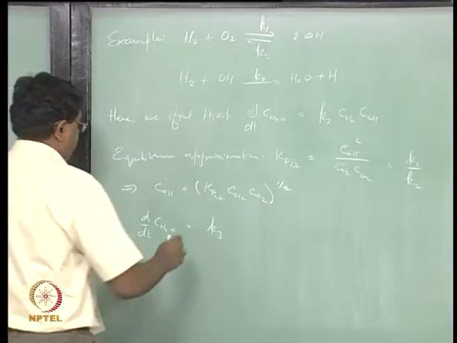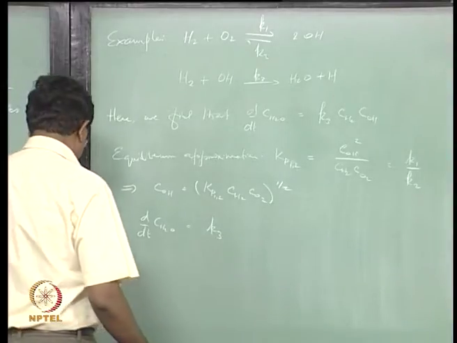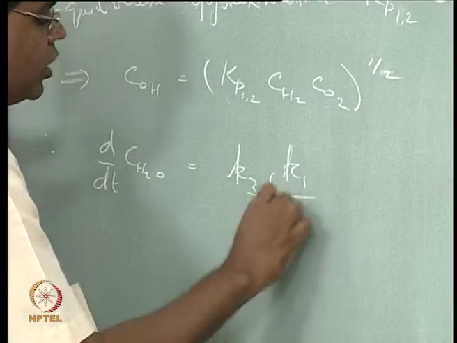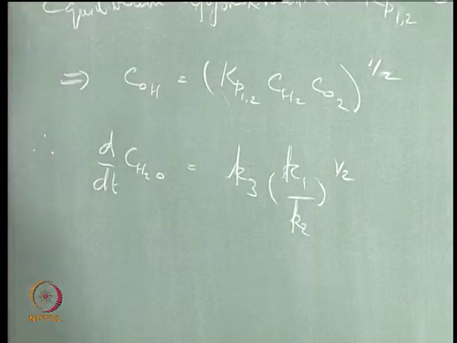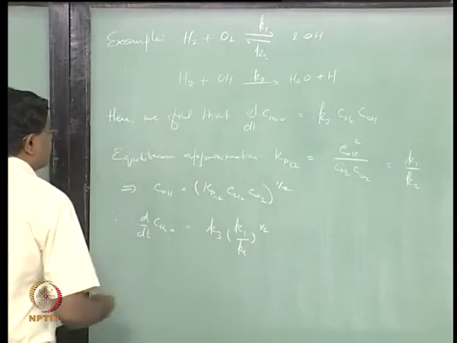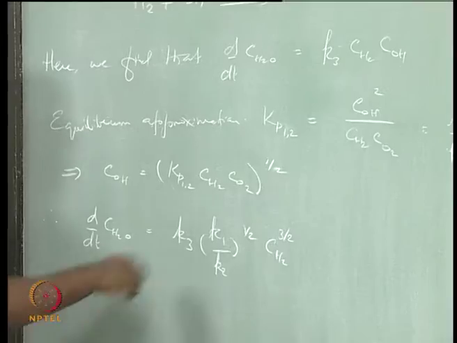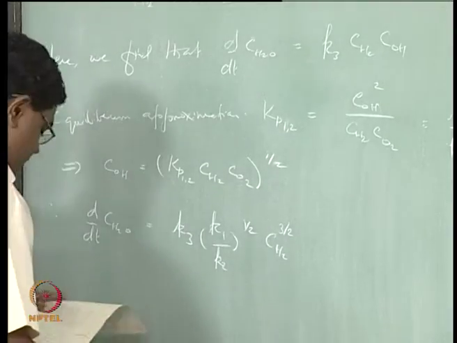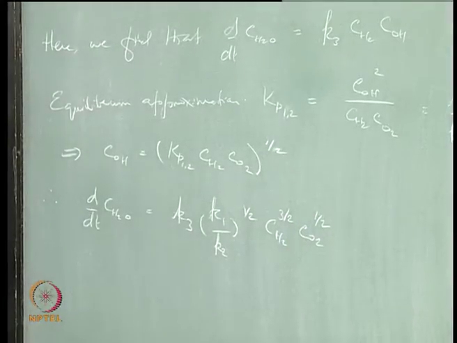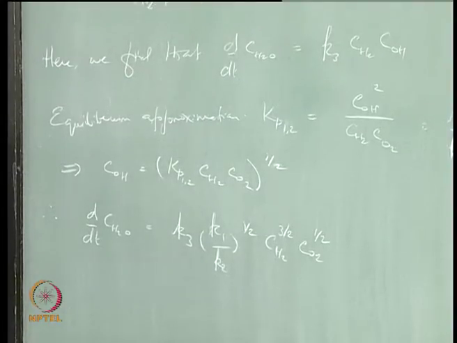Let's now get rid of Kp1,2 and use K1 and K2 because they are given information in the reaction scheme: K1 divided by K2 to the half, CH2 to the half goes with CH2 there, so it's like CH2 to the 3 halves, and CO2 to the half remains. So that's the final answer.